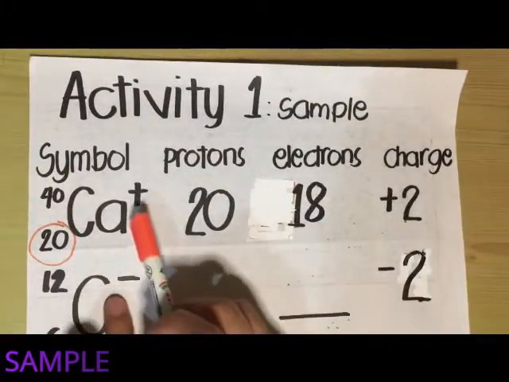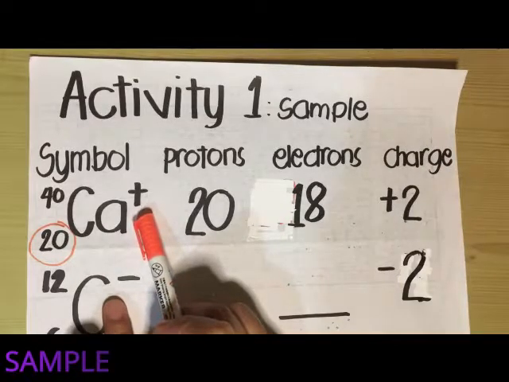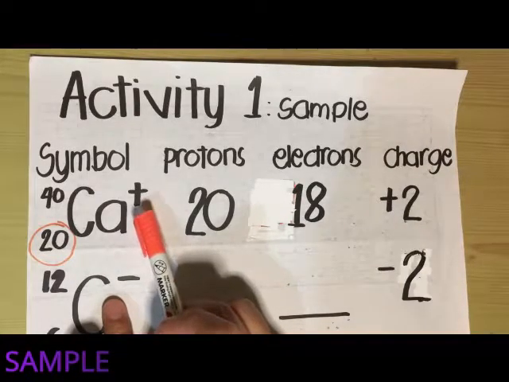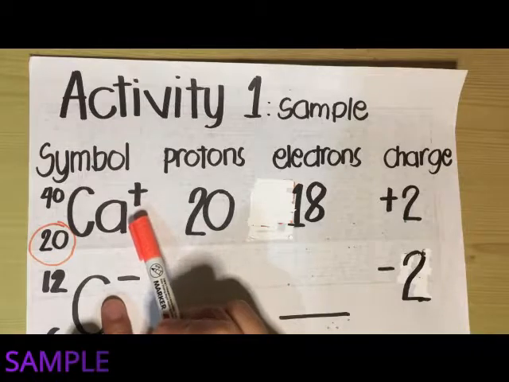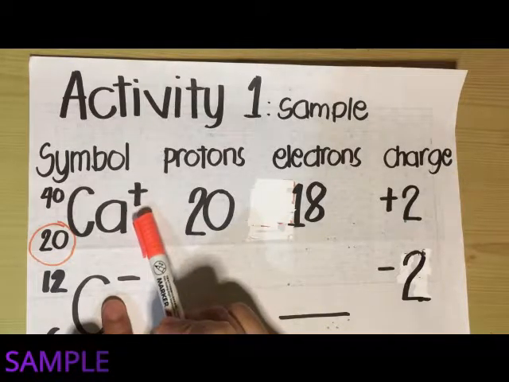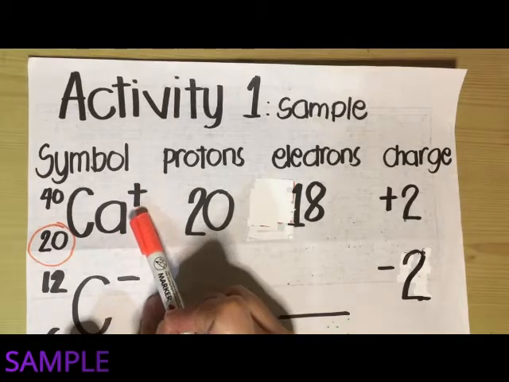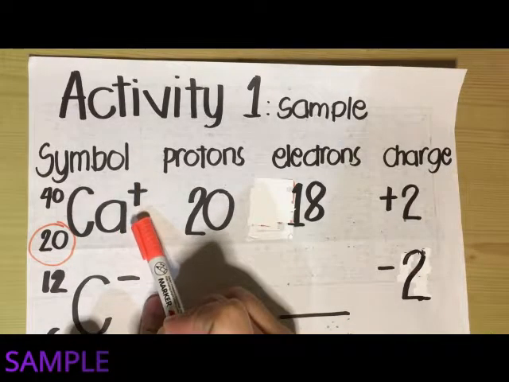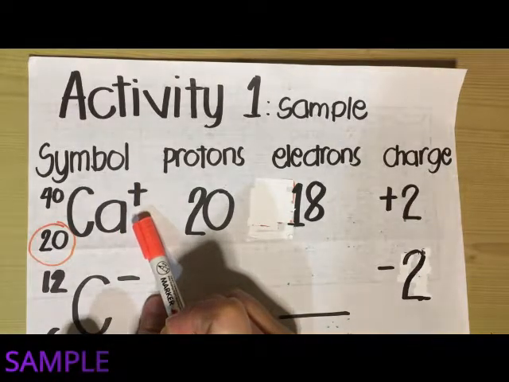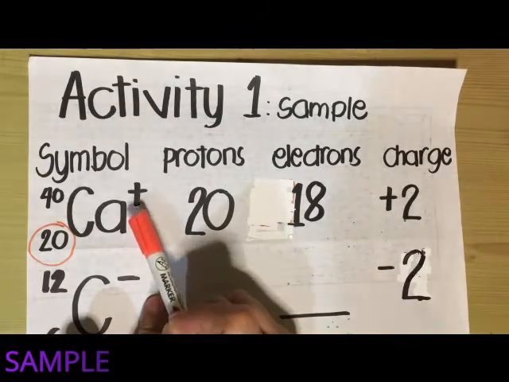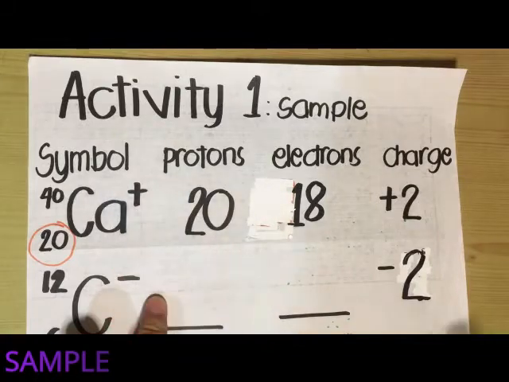Now, if you notice, it has a positive sign here, which indicates that this one is already an ion, because it already has a charge. If it has no charge, it means it is just a neutral atom. But since it has a positive charge, it means this is an ion.